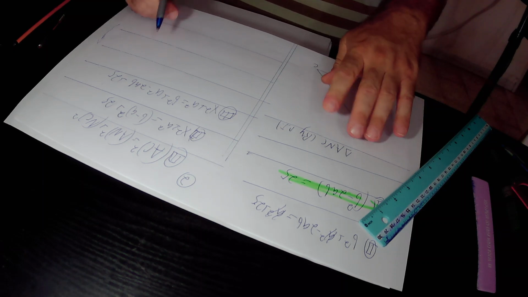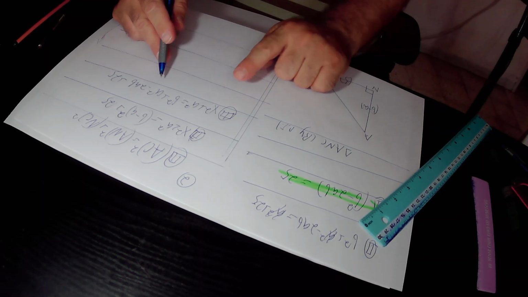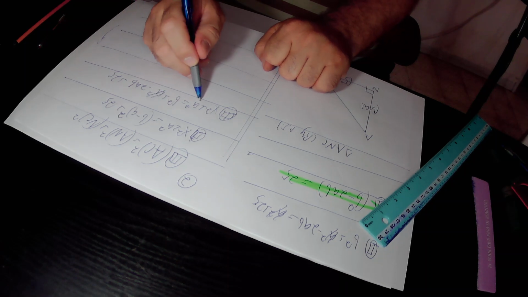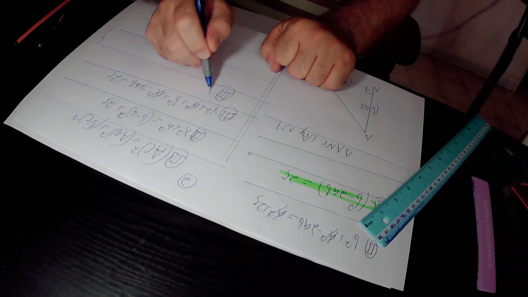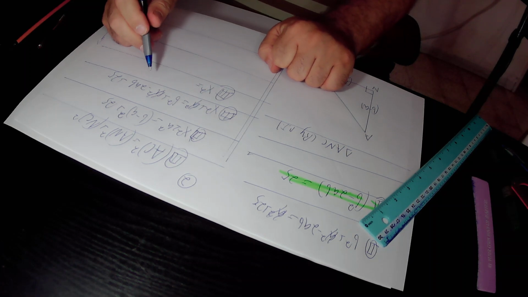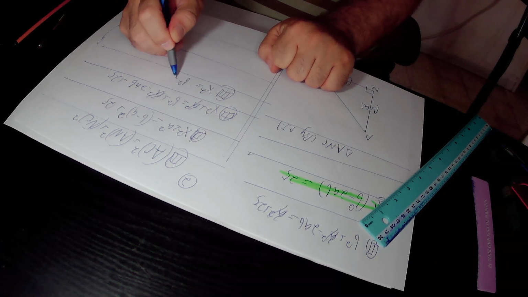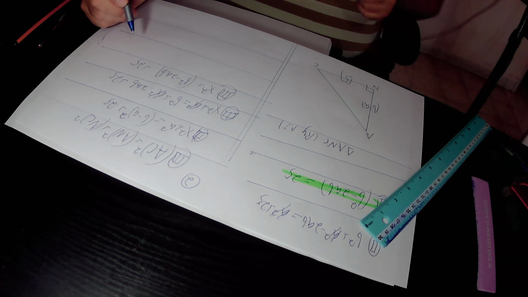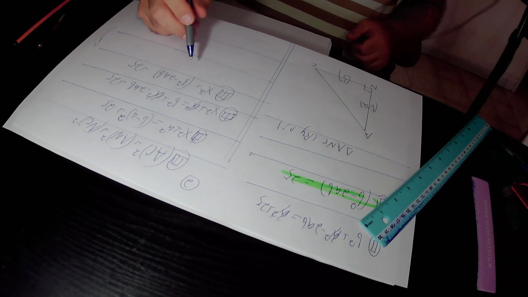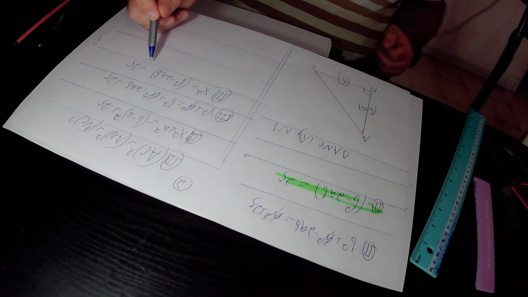Here we have A squared on both sides of the equation, so A squared gets cancelled. On one side we are left only with X squared, and on the other side we have B squared minus 2AB plus 25. So X squared equals B squared minus 2AB plus 25.